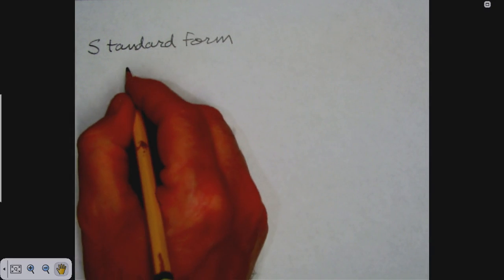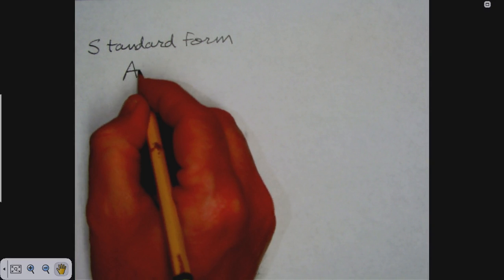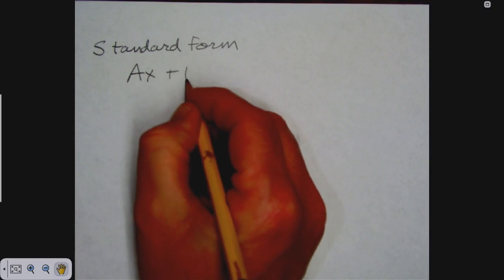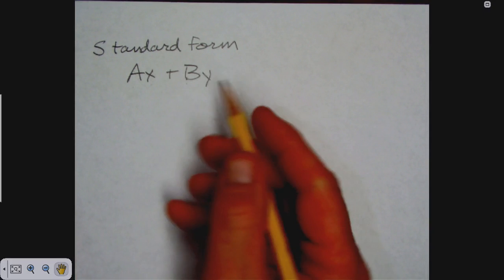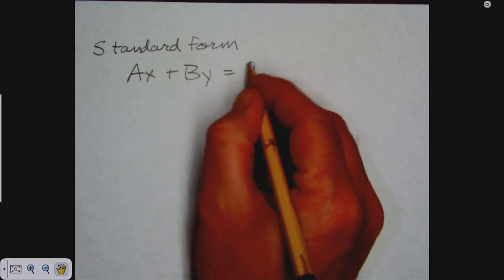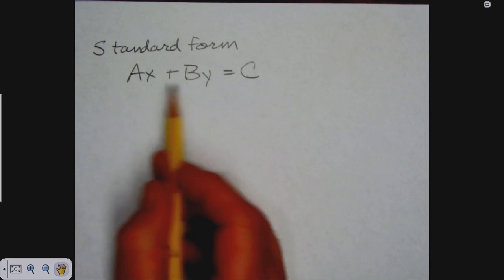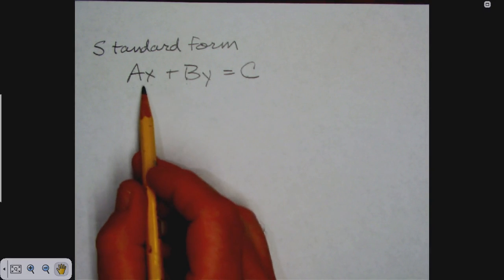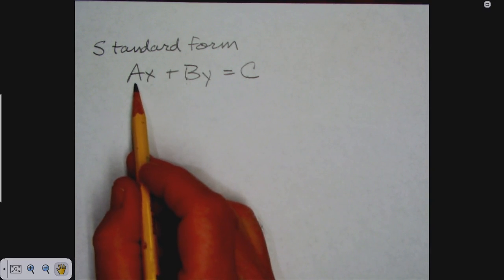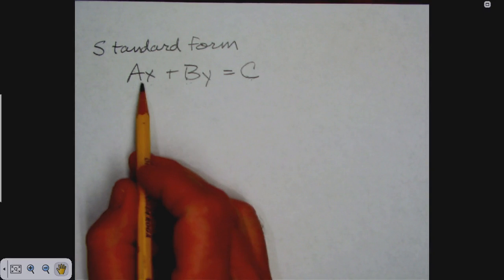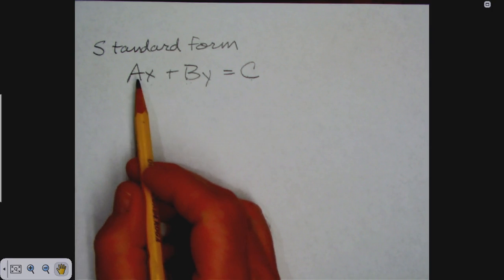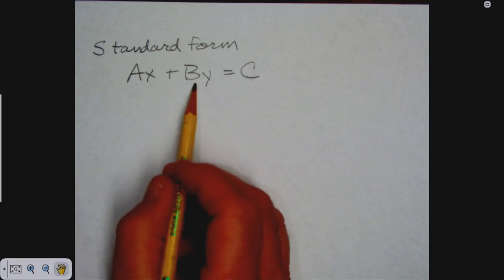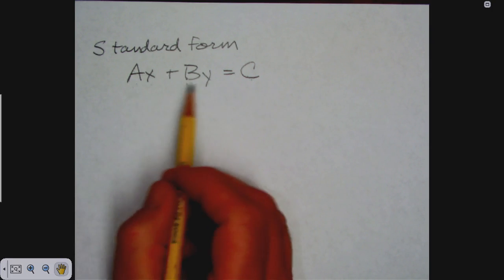It's in the form of ax plus by, so this is some number times x, some number times y, is equal to c. Your book says these need to be any real number. Some books say these need to be integers, and A is not negative. A and B both can't be 0.